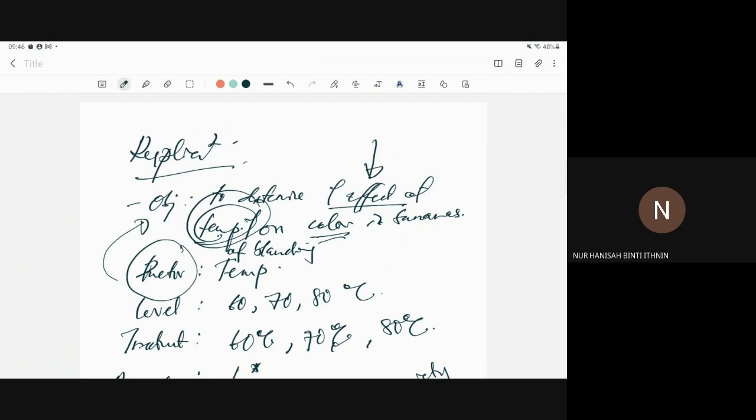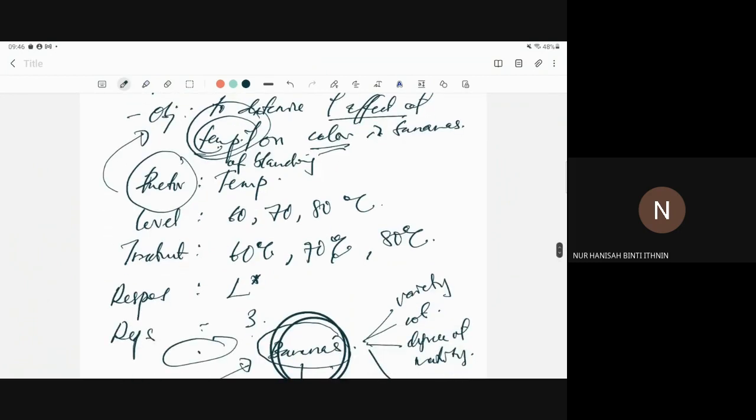When we do this, any differences in the results we can say are due to the temperature, because everything else is constant except the temperature.